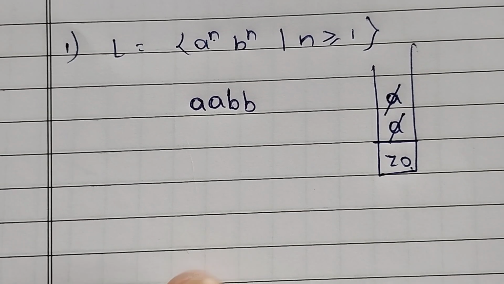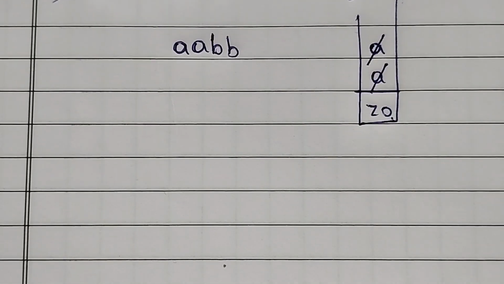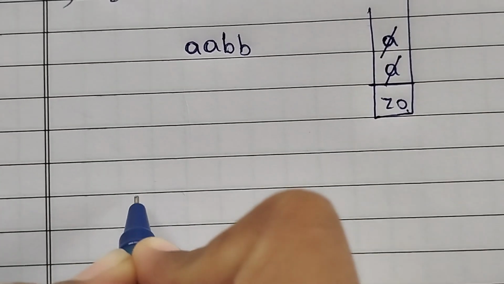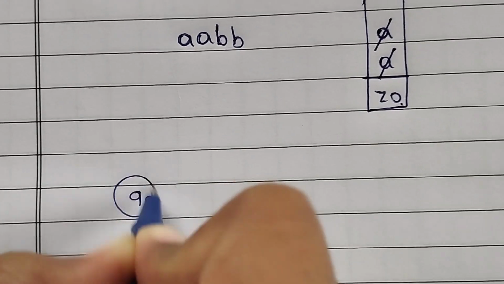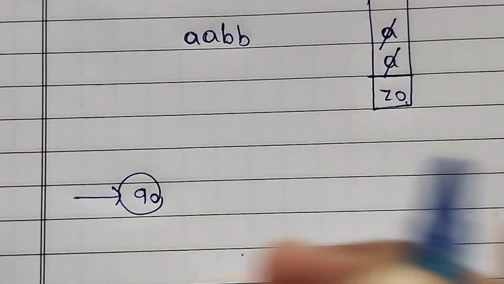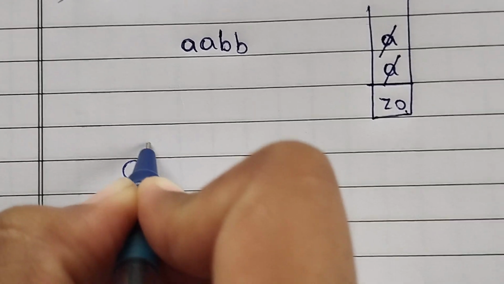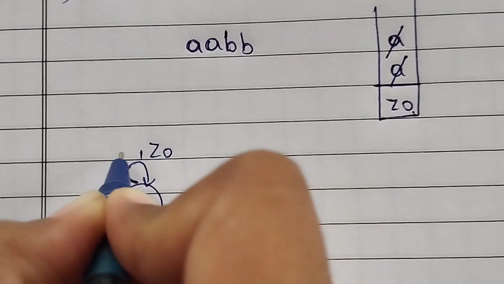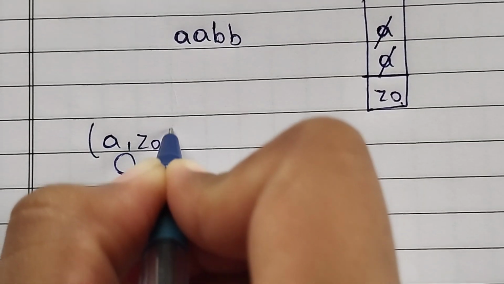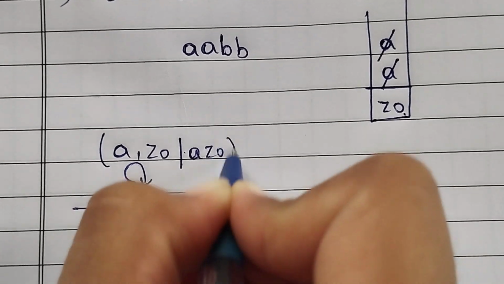So let's draw the PDA for that. Initially, what we perform here is we push all the a's. Initially z0 is present in the stack and we read a, so we push: a z0.